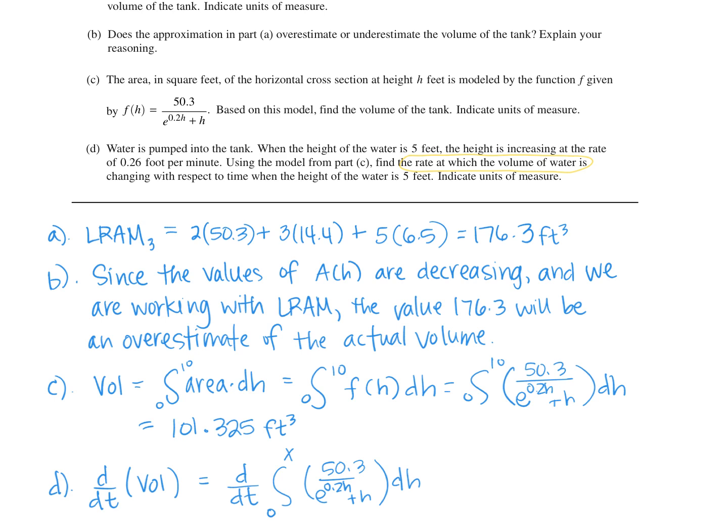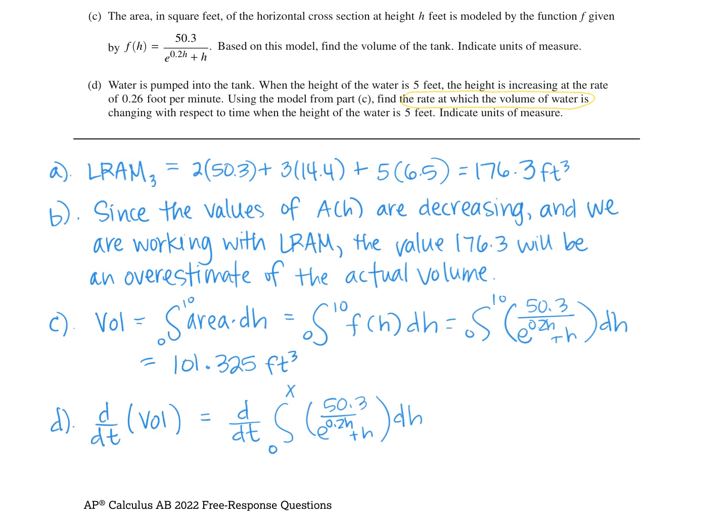So now this is testing, do you know how to do the derivative of something that has an integral in it? So remember, what then happens when these two things combine with each other? They negate each other, right? The derivative and the integral cancel each other out. And so you are left with the fundamental theorem of calculus that says what you're left with is 50.3 over e to the 0.2 x plus x.